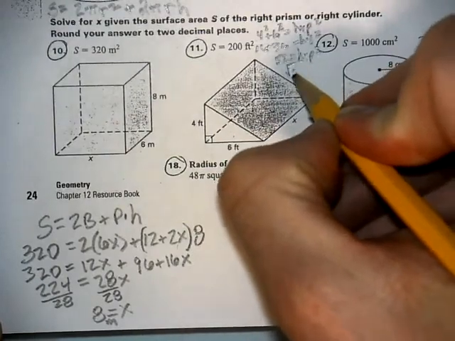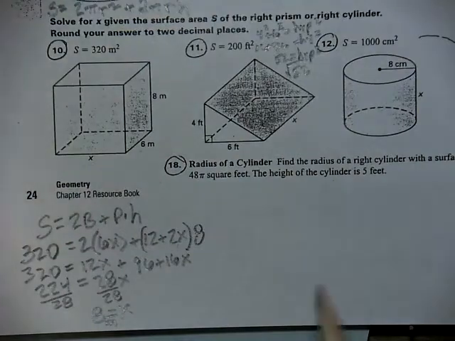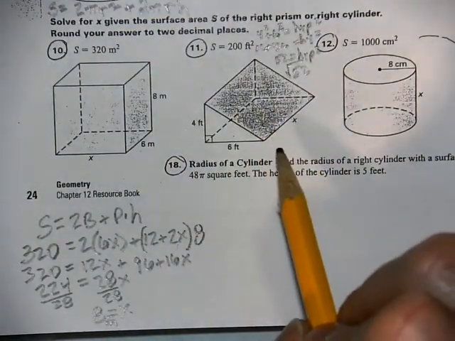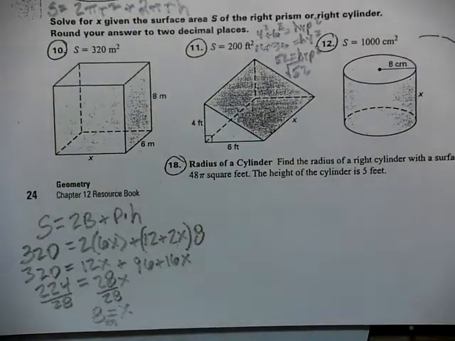So the hypotenuse is the square root of 52. Now, the square root of 52 is going to be a little bit larger than 7. So we get 7.21.